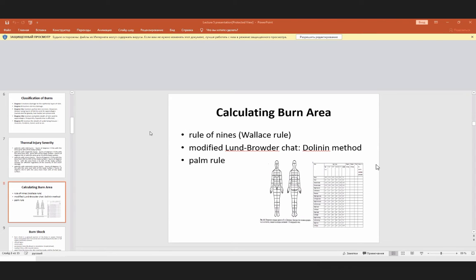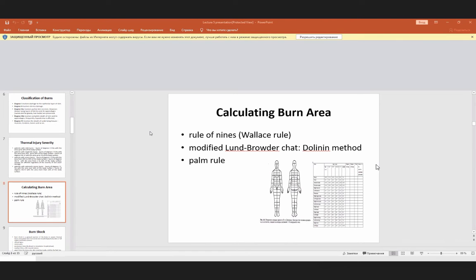An adult person's palm is considered to make up 1.0 to 1.2% of the total body surface. Summing up the number of such measurements, you can obtain the percentage of total burn area.